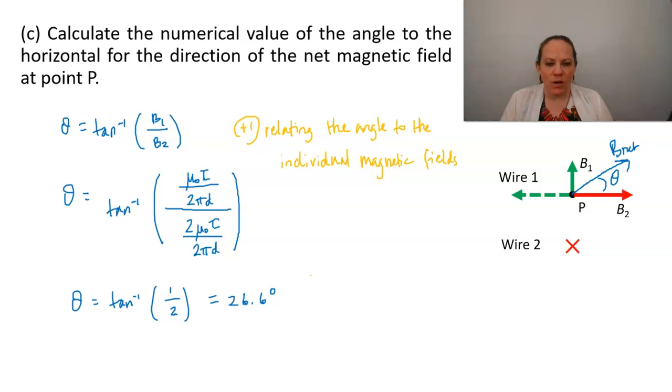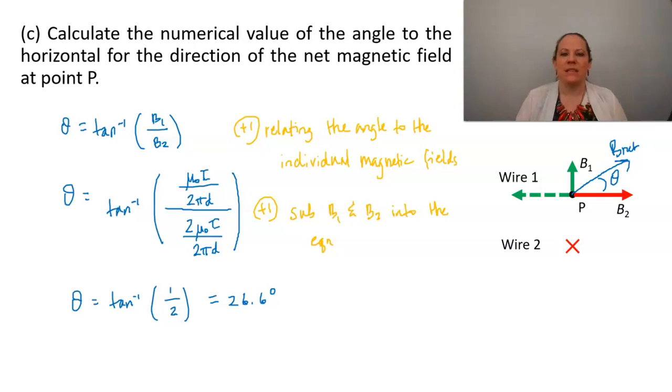And then our second point comes from substituting, and actually I should put that a little bit higher because it is for that next step where we substitute for B1 and B2 into the equation that we developed that relates B1 divided by B2 as the inverse tangent.